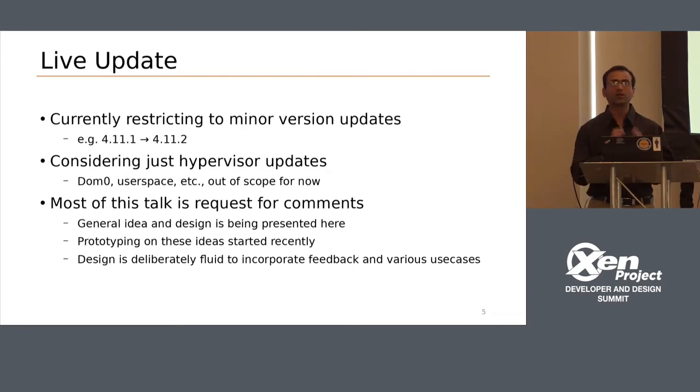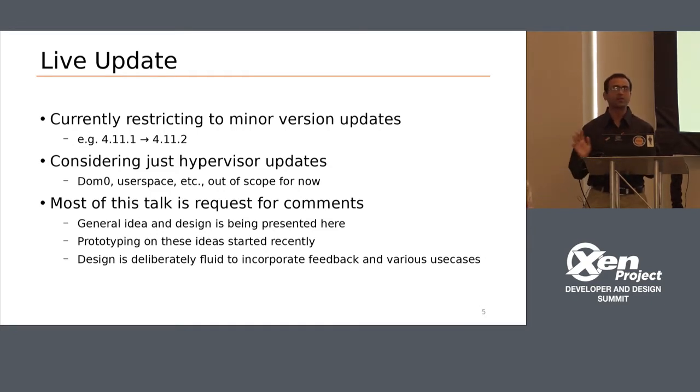Also just considering hypervisor updates, not Dom0 or user space updates. Those can happen separately. Most of this work hasn't even begun. So we're just discussing here the early design ideas that we have and the prototyping work that we've been doing.